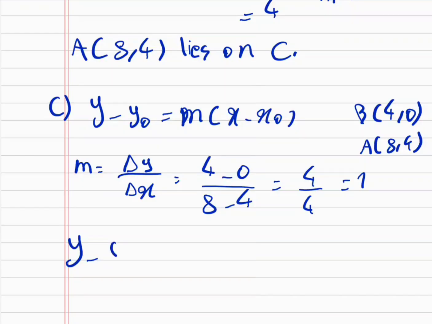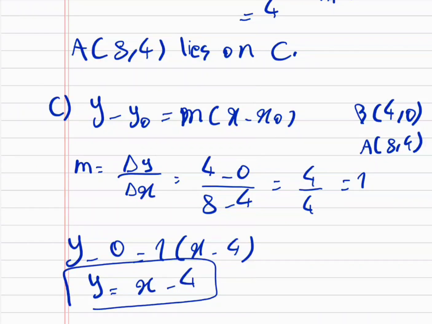So we have y minus 0 is equal to 1 times x minus 4. Therefore, the equation of the line AB is y = x minus 4. This is the line that passes through A and B.